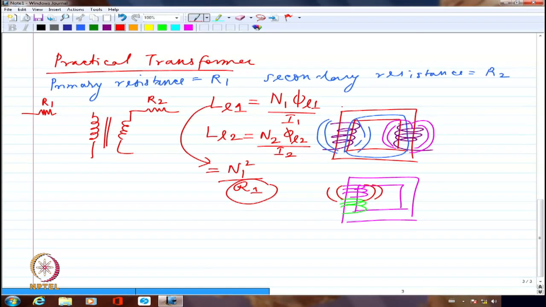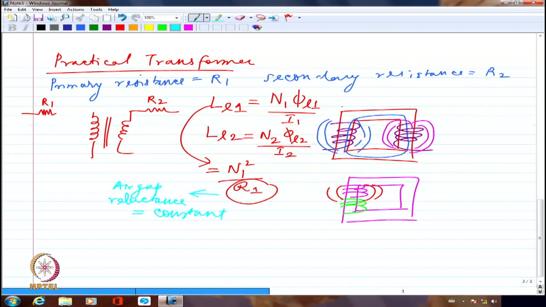So if I consider the air gap, this is essentially air gap reluctance. So I am essentially going to have this as a constant. This will not change. So if I am assuming this to be a constant, I can say the leakage inductance is also fairly a constant.